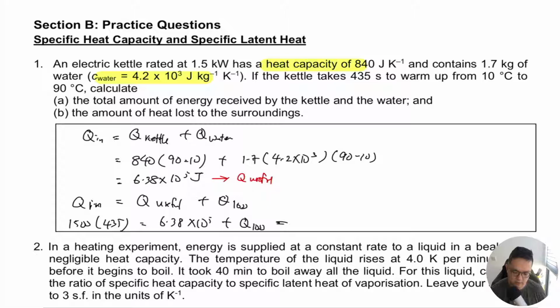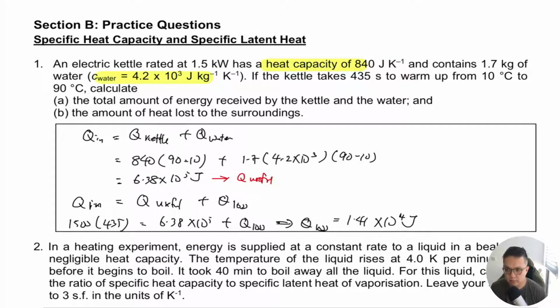This will give you a Q loss of 1.41 times 10 to the power 4 joules. So this is a nice question to warm up with. It's very straightforward, nothing too complicated for this one.